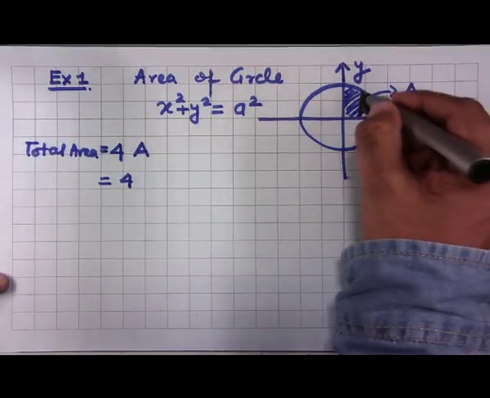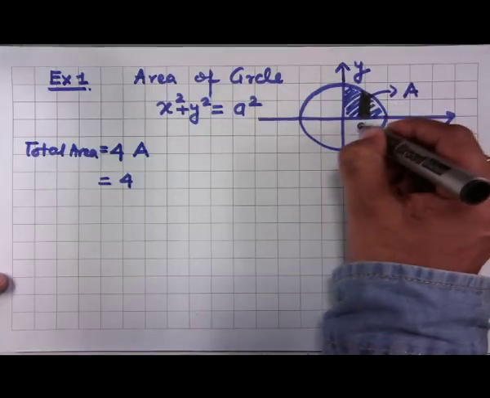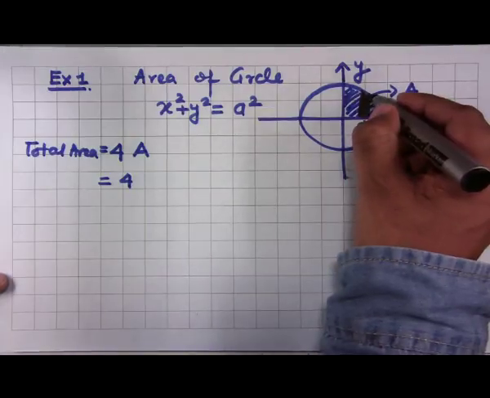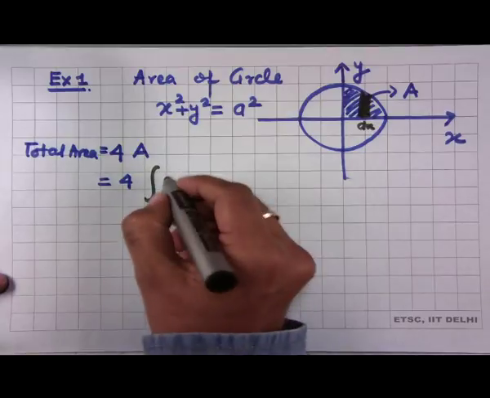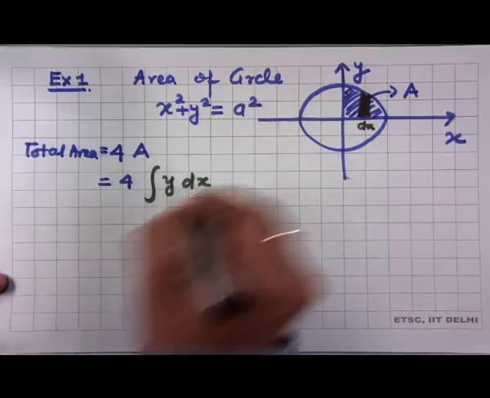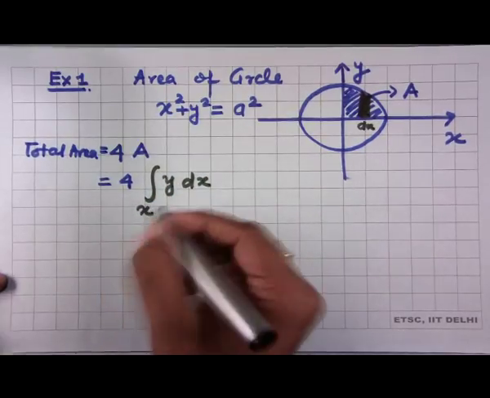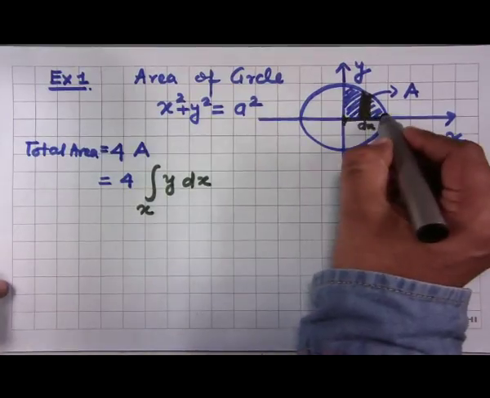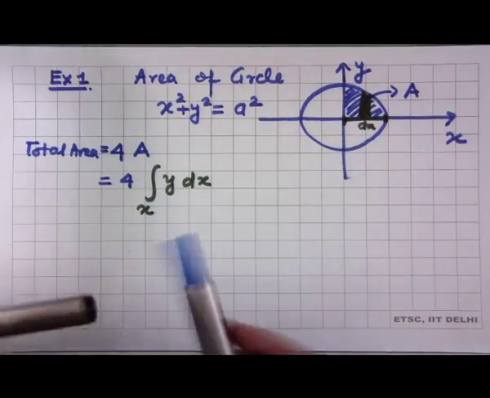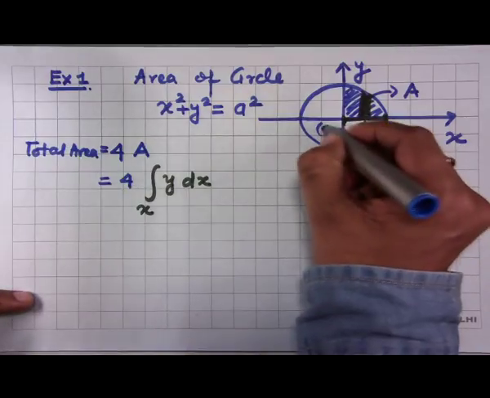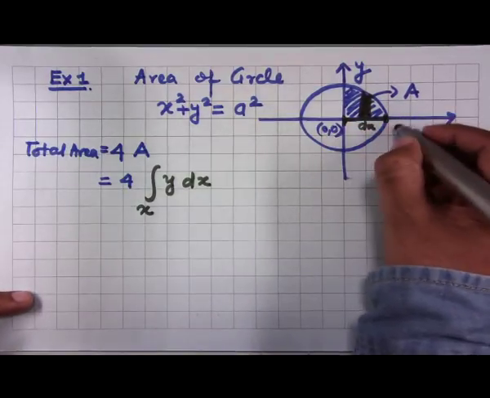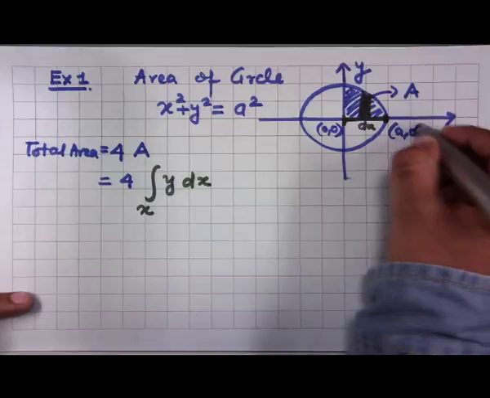How to get A? So draw a vertical strip of dx length whose height is y. So A will be integral of y dx, x goes from here to here. The center of the circle is 0 0 and this point will be a comma 0.